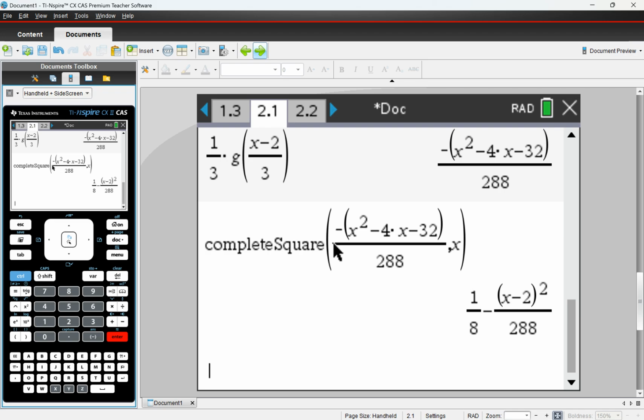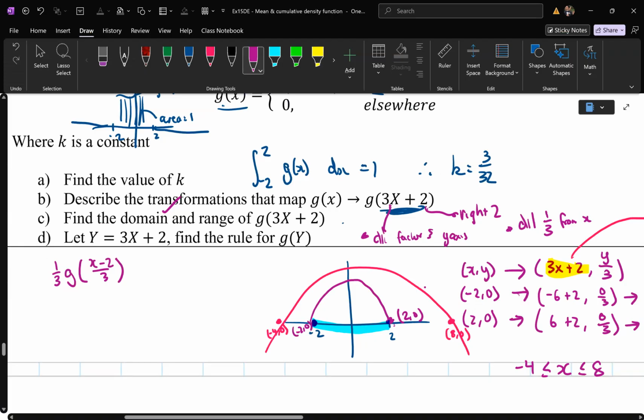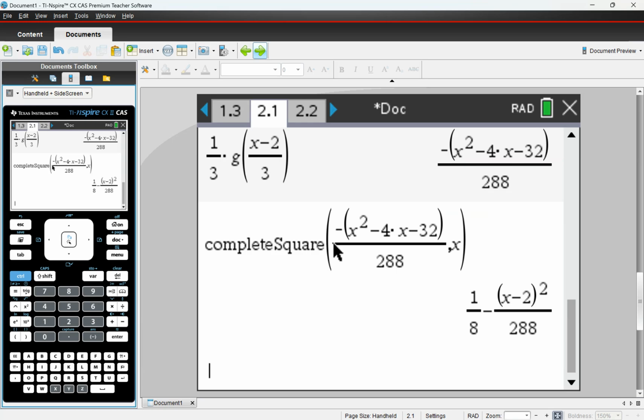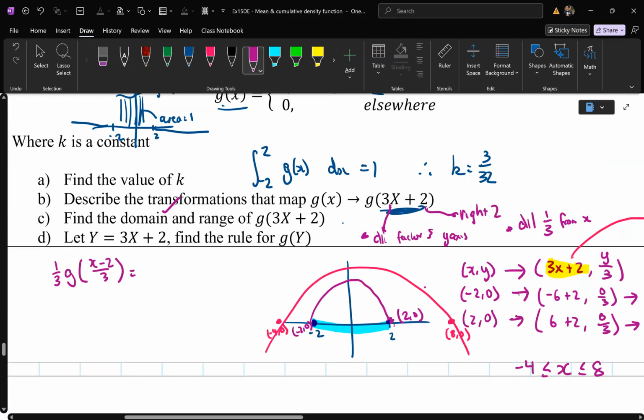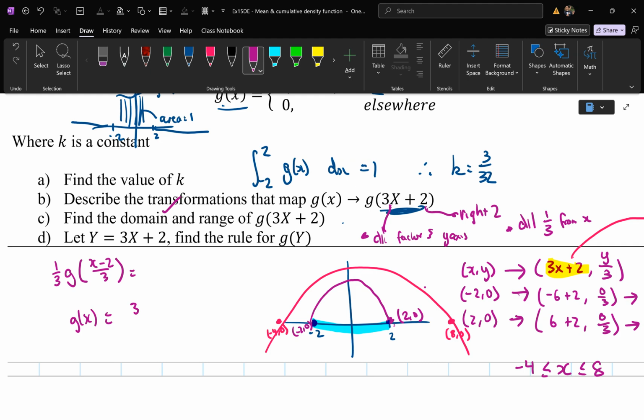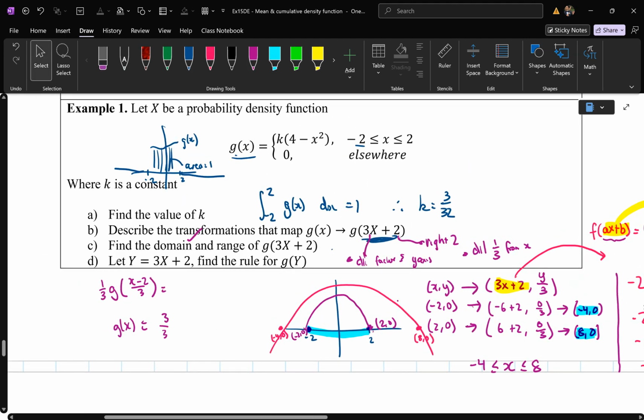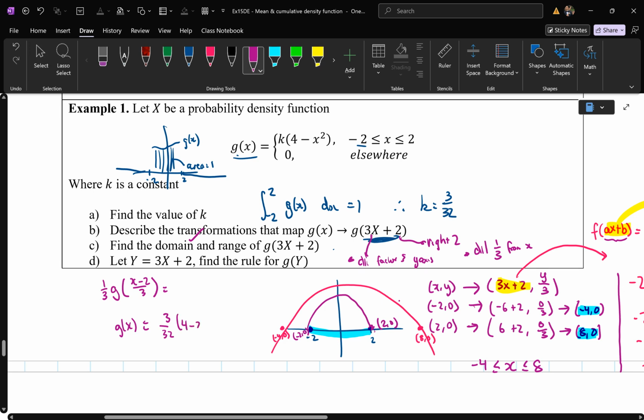There we go. So that now tells me this is equivalent to if you had subbed it all into the equation. Remember, it was g of x is equal to 3 over 32 of 4 minus x squared.